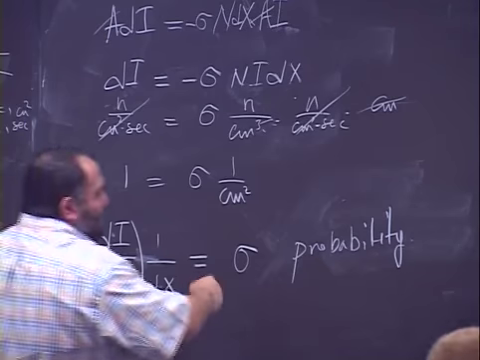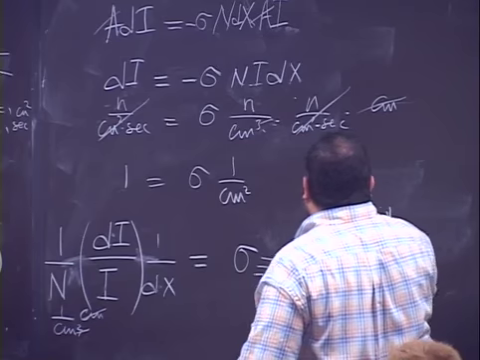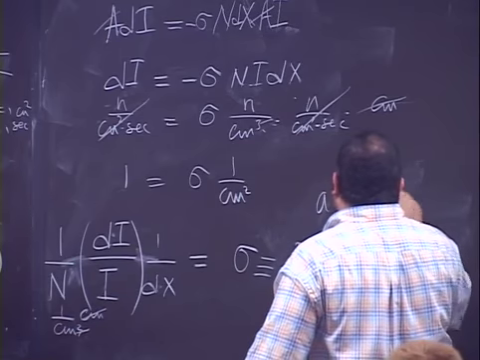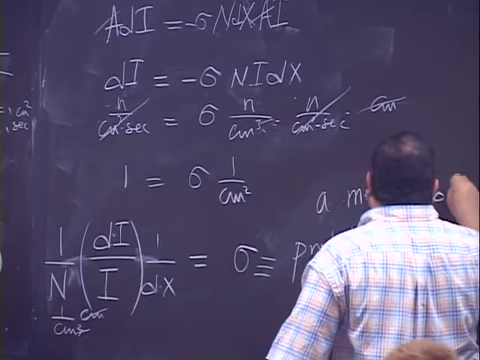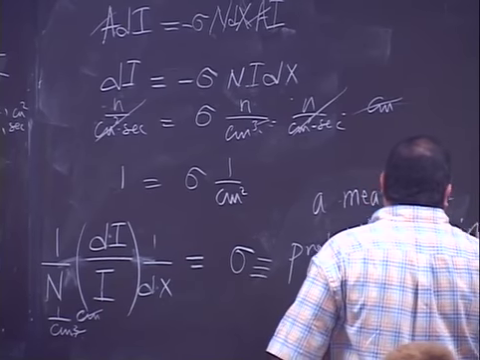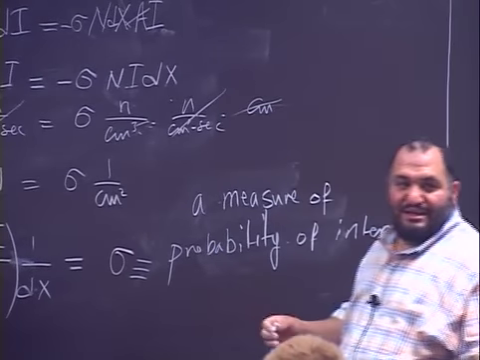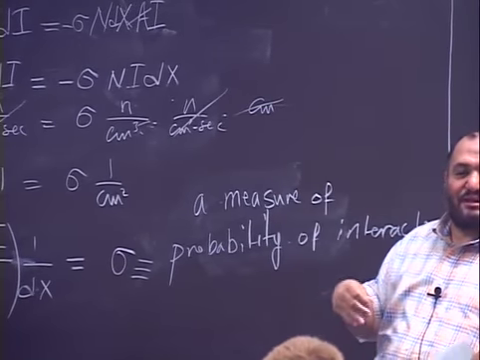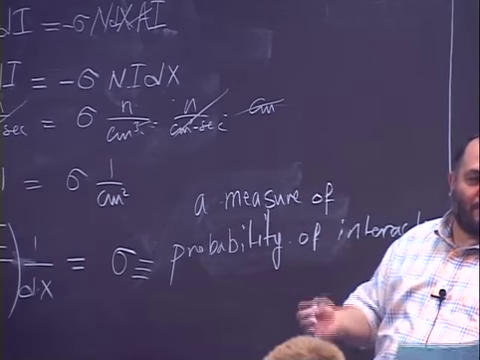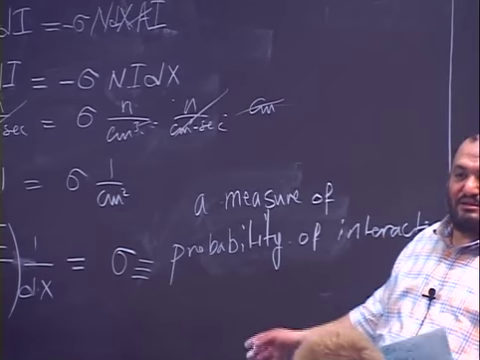So sigma is a measure of probability of interaction. It's not exactly the probability, but it is a measure of the probability of the interaction with the nuclei of the target. Did you understand?